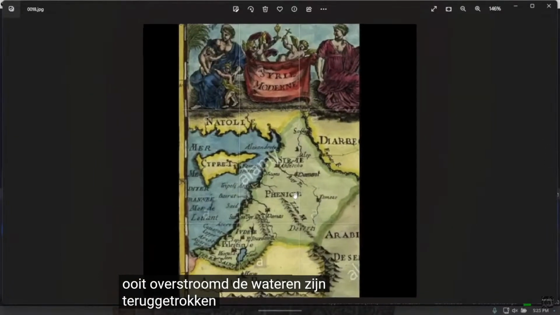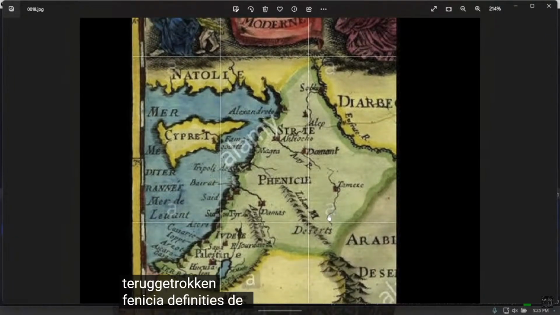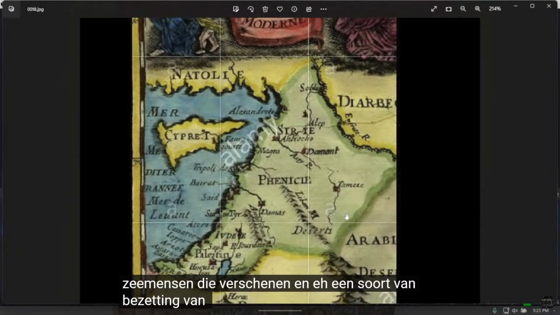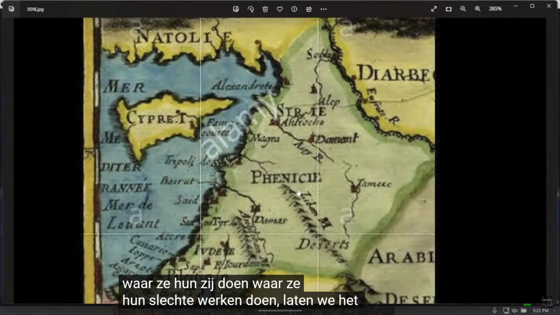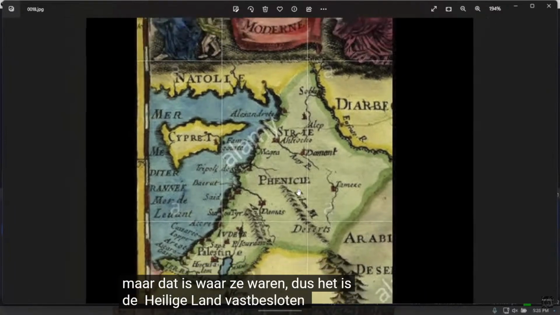The waters have receded. Phoenicia, the Phoenicians, the mysterious sea people that appeared and occupied this area, and then they've just dispersed out into the whole of society where they do their evil works. Let's just put it that way. But that's where they were. So the Holy Land was all Phoenicia.